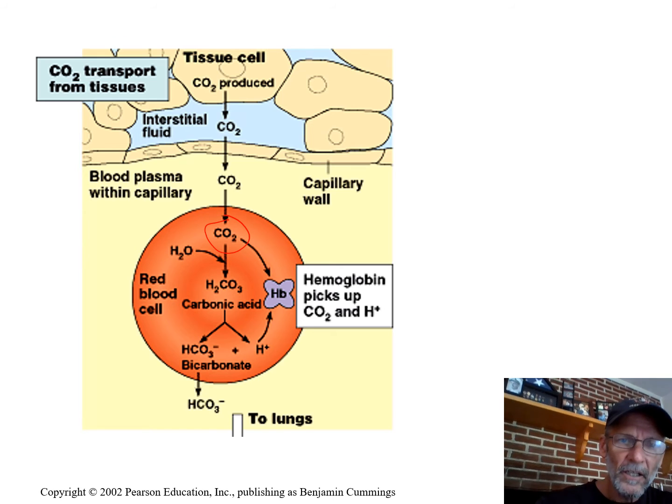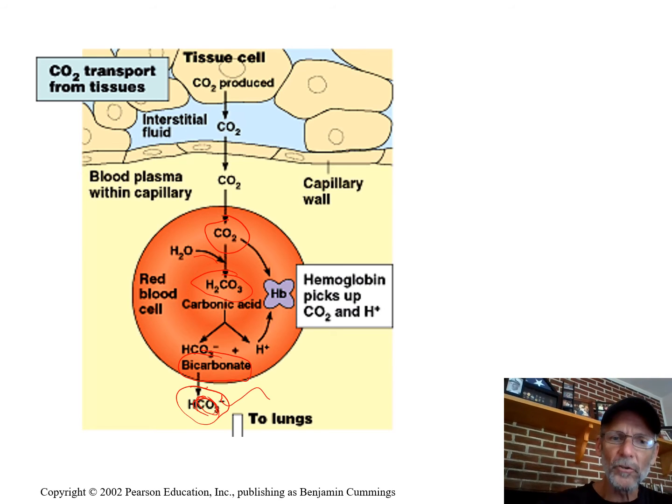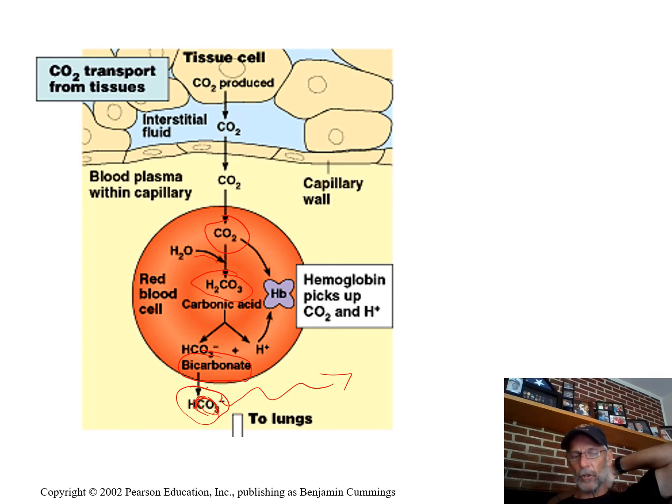Carbon dioxide reacts with water to become carbonic acid. That's the acid part we talked about. And then that chemically reacts to become this bicarbonate ion. And this is now what most of the carbon dioxide locked in a bicarbonate ion travels around in your bloodstream and into your tissues as.